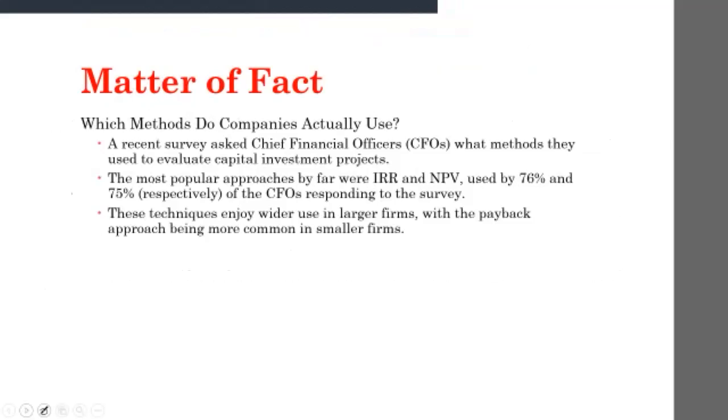Because I know somebody in their mind is saying, which is better, overthinking it. In a survey of CFOs, 76% use IRR and 75% use NPV. These techniques enjoy wider use in larger firms, with the payback period being more common in smaller firms.